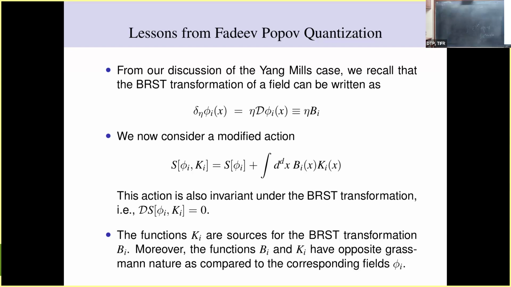No, k doesn't change, it's just the source, just some function. And b does not change under the transformation, there is no further transformation because d squared is 0. I see. Okay, fine. Thank you.